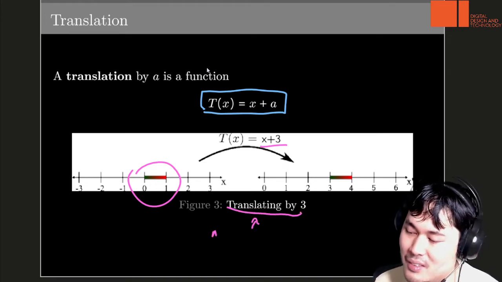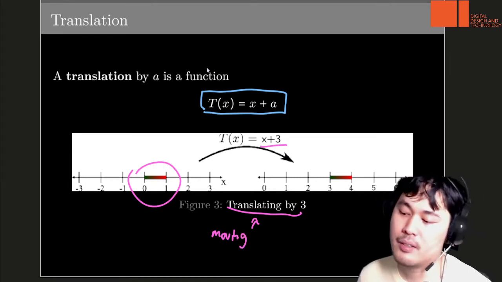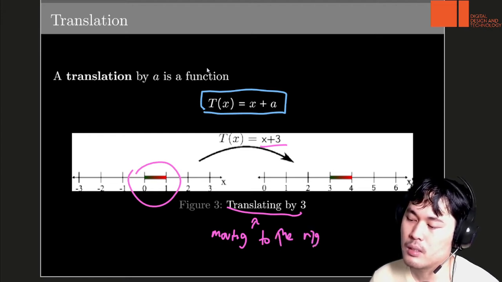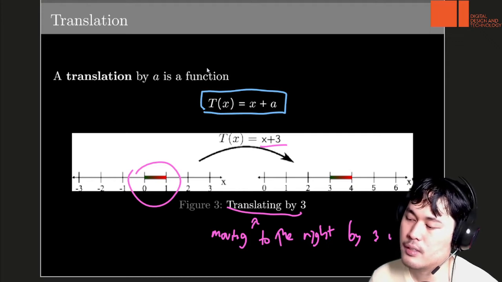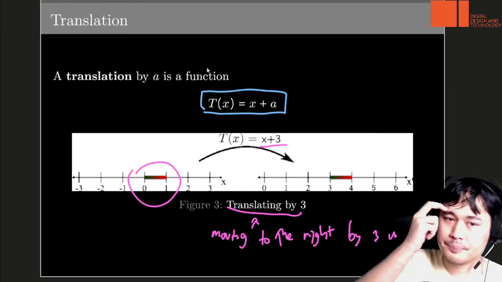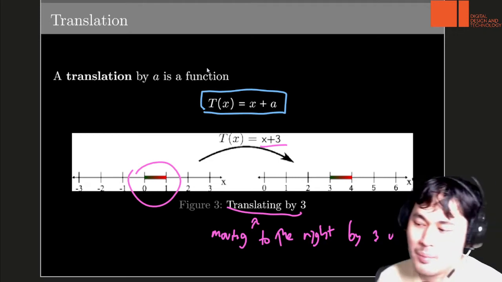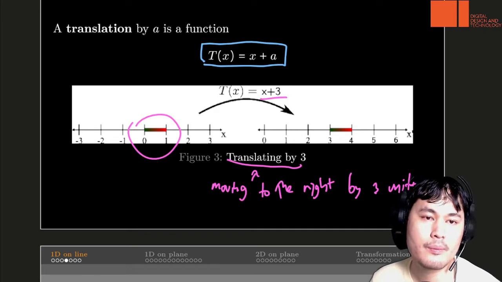Or you can just use your understanding and describe this transformation as moving points to the right by 3 units. It's just the number 3, but to be general, just move everything by 3 units.